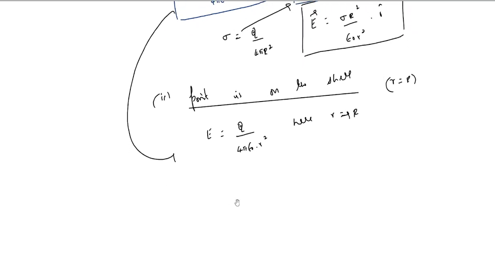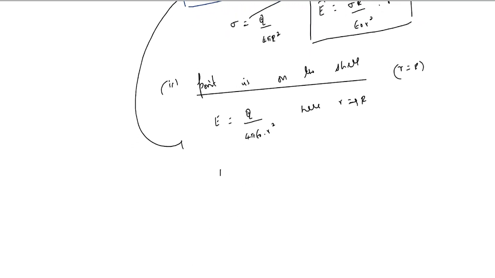So in that case, mathematically, E is equal to capital Q by 4 pi epsilon naught into capital R square. Look at this. Now in this spherical shell, capital Q is a constant, 4 pi epsilon naught is a constant, and even R is a constant because R is the radius of the spherical shell.